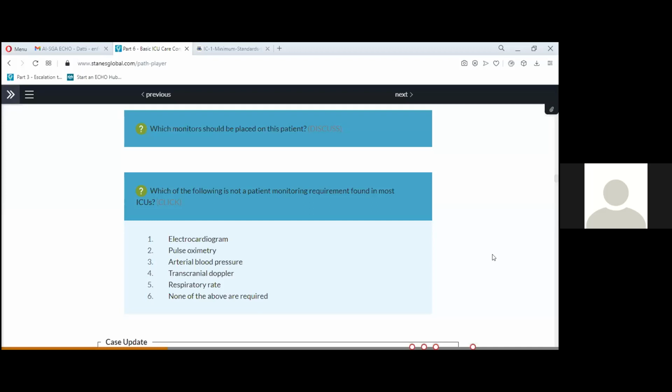Number 3, arterial blood pressure. Number 4, transcranial Doppler. Number 5, respiratory rate. Number 6, none of the above are required. So the question is, which of the following is not a patient monitoring requirement found in most ICUs?